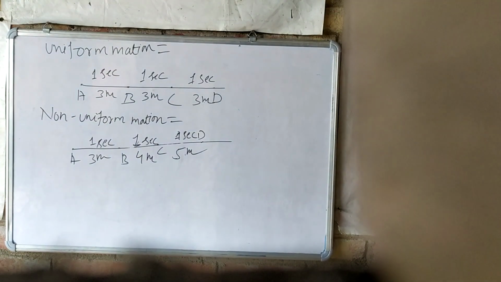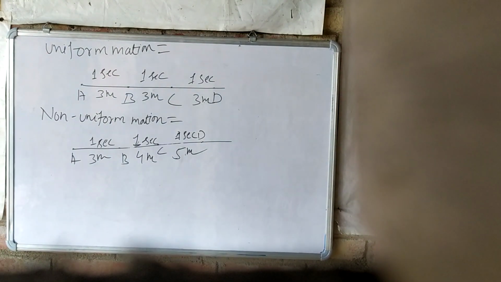Before, I said different time, but according to the diagram it is a little bit different, and now I have corrected it. Now you will go with this. That means in a fixed interval of time we cover unequal distance, which is known as non-uniform motion.